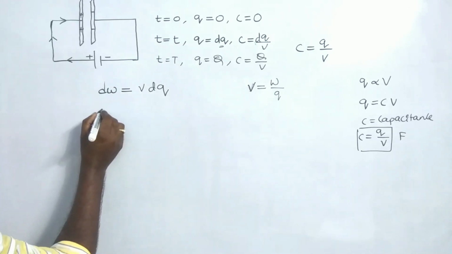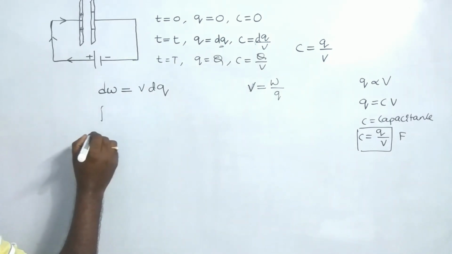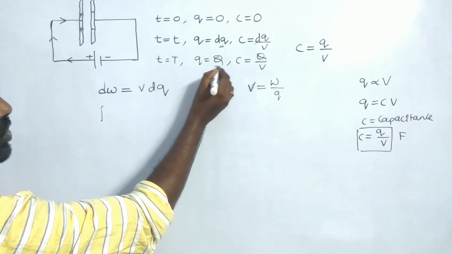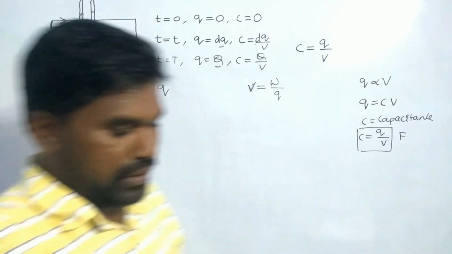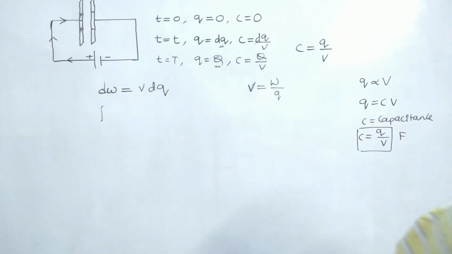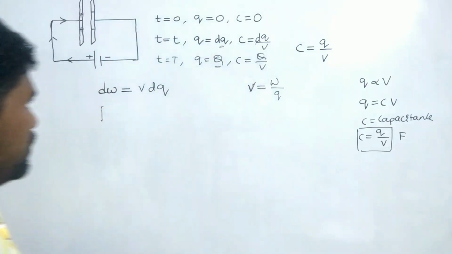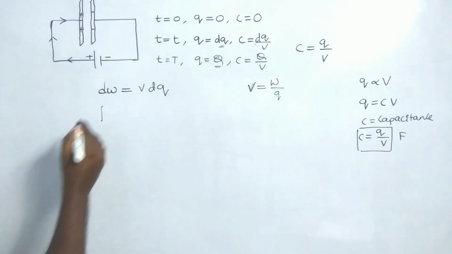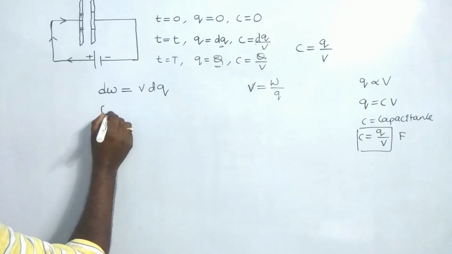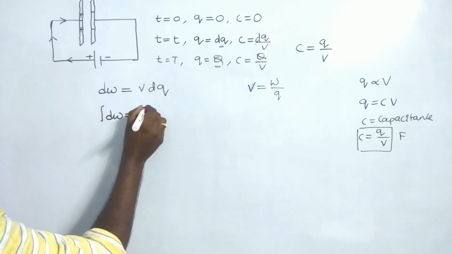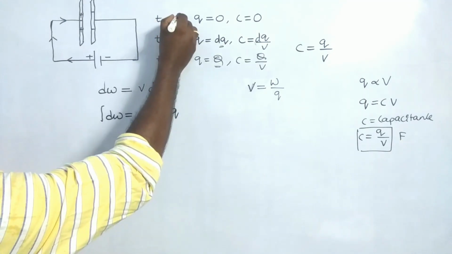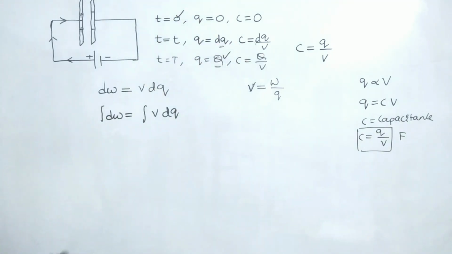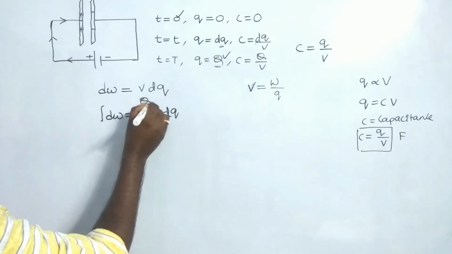For getting the total work done, that is increasing the charge up to q, we need to integrate on both sides. So W is equal to the integral of V dq from 0 to q charge.